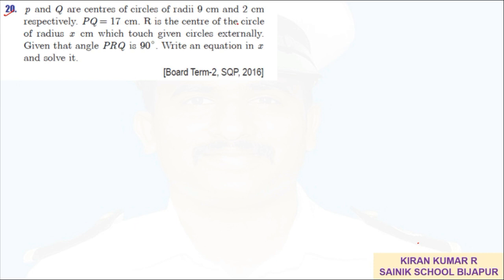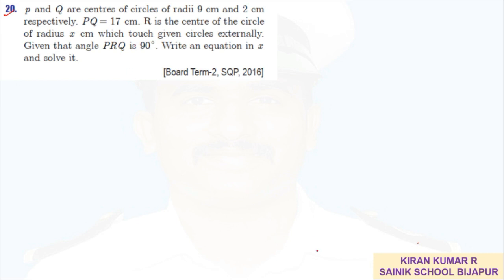R is center of the circle of radius x cm, which touches the given circles externally. Given that angle PRQ is 90 degrees, write the equation in x and solve it.